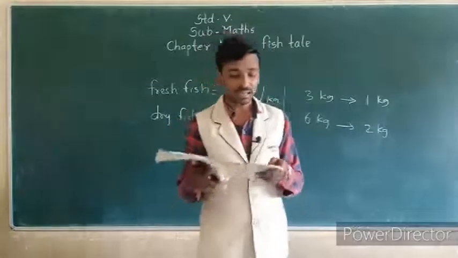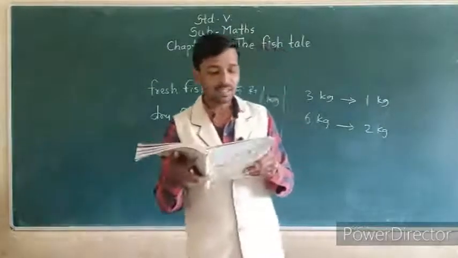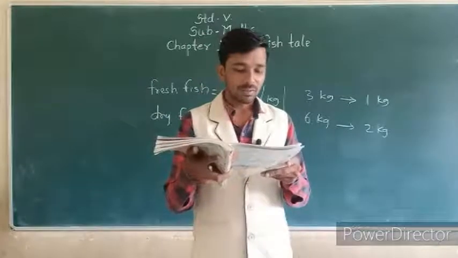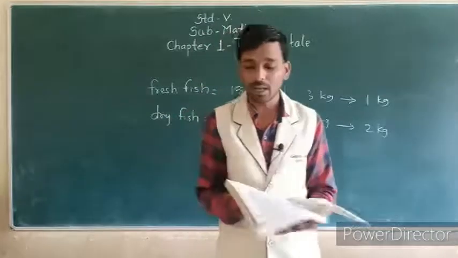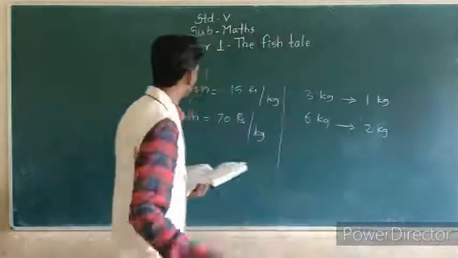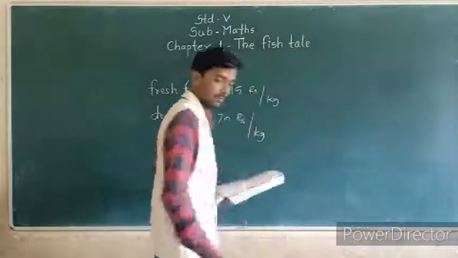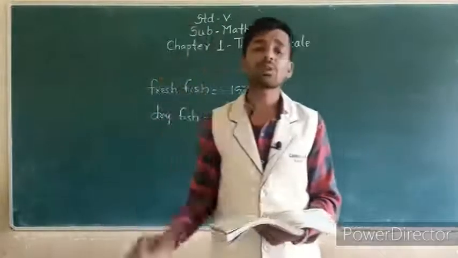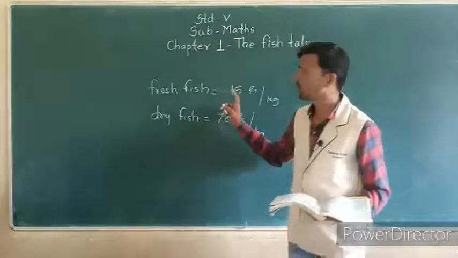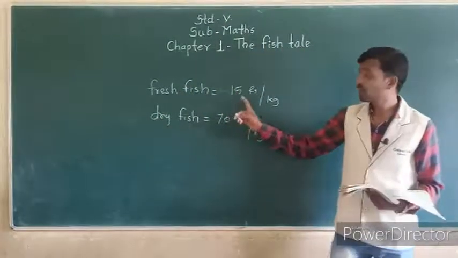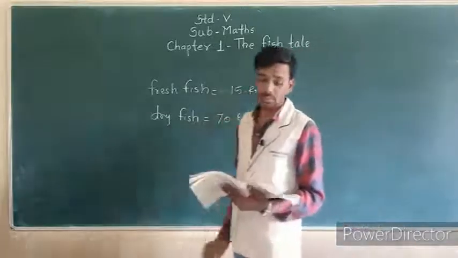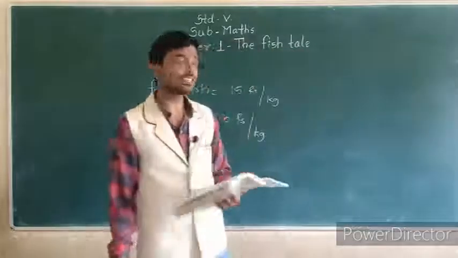Next, I will read. Listen. For 6 kg of fresh fish, we have to pay. What is the rate of 1 kg of fresh fish? That is 15 rupees, and they buy 6 kg.